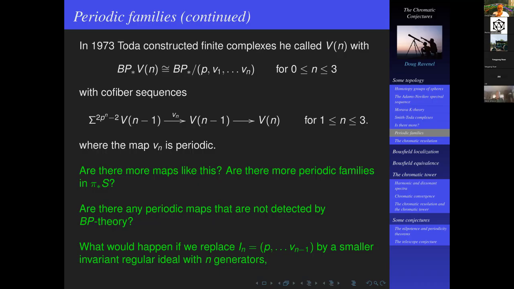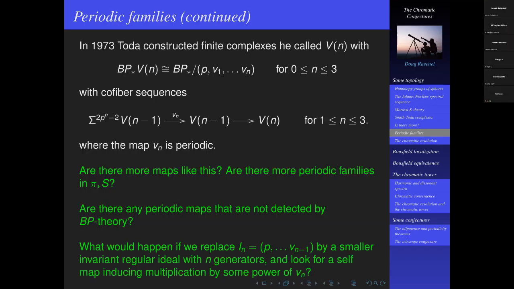Or another question you could ask is, what would happen if we replace that ideal that I mentioned by a smaller ideal? What would happen if we took that ideal and replaced some of the generators of it by powers of those generators? That's what I mean by a smaller ideal, and tried to do the same thing.